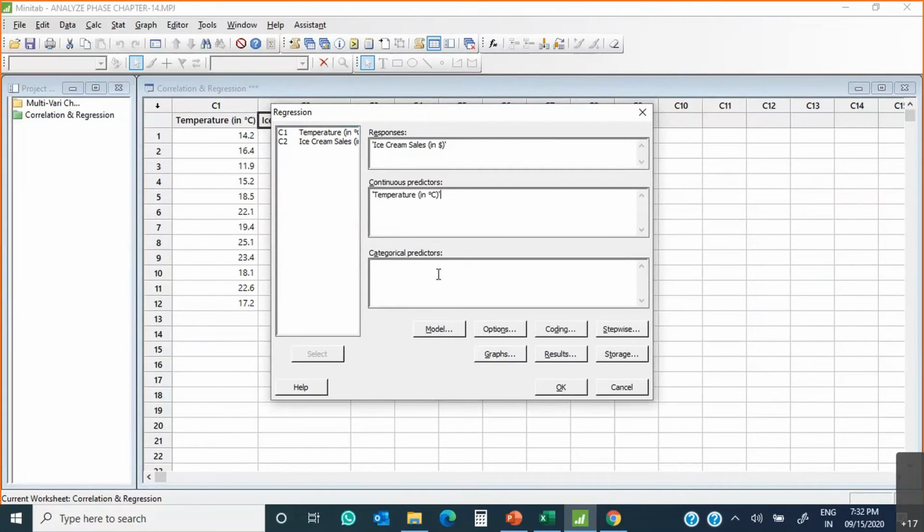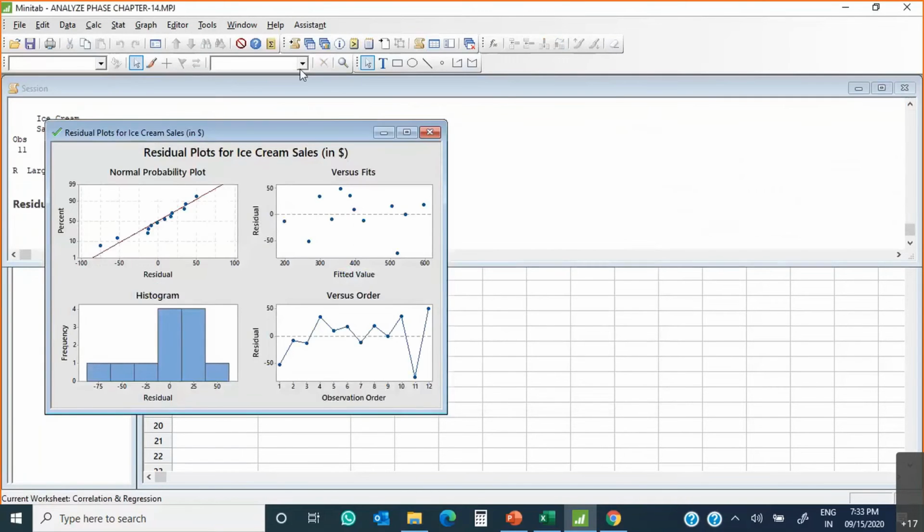That is the benefit of Minitab: if you have multiple predictors, or any categorical predictor, you can add them here too. At this point we have just one predictor, so we add temperature in degrees Celsius, and if you click OK, we get the same result.